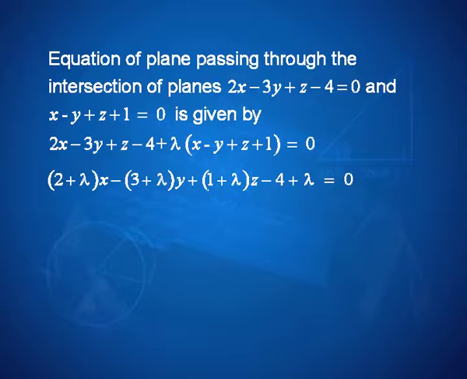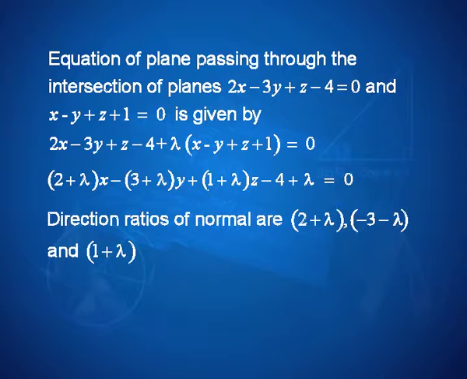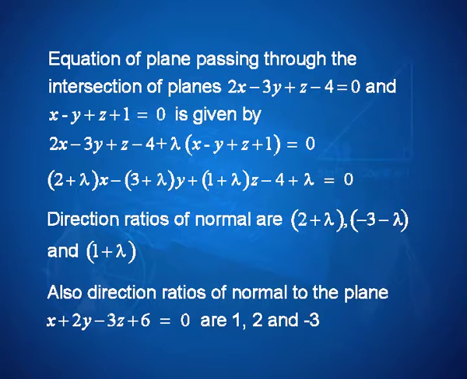This allows us to identify the direction ratios of its normal. Now, I have another plane given to us, x plus 2y minus 3z plus 6 equal to 0, with direction ratios 1, 2 and minus 3, which is perpendicular to the plane passing through the intersection, and therefore the condition n1 dot n2 equal to 0 is applicable.